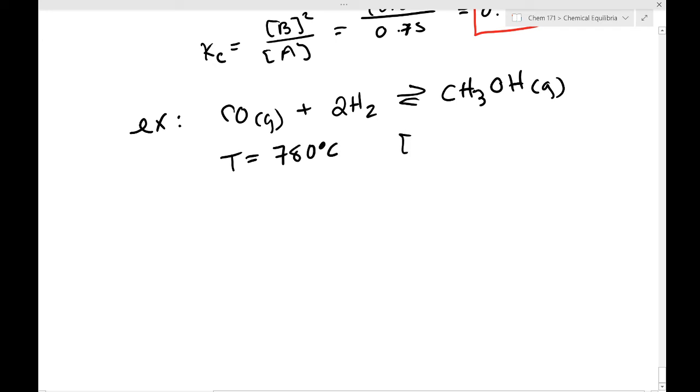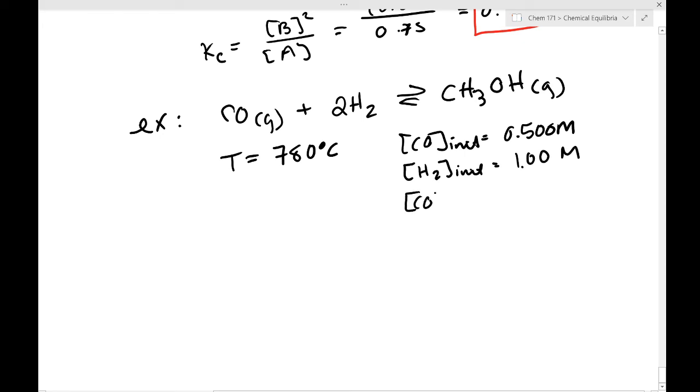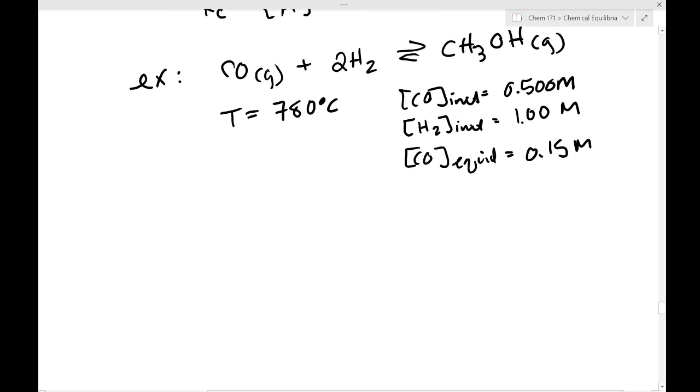We have an initial concentration of CO equal to 0.500 molar, an initial concentration of hydrogen equal to 1.00 molar, and a concentration of carbon monoxide at equilibrium of 0.15 molar. Okay, what is K in this reaction?